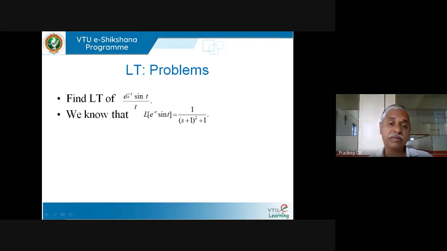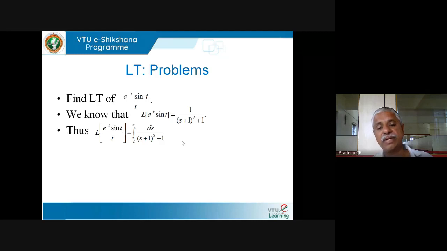Now Laplace of e power minus t sin t by t means you integrate this with respect to s from s to infinity. That's the property of Laplace transform we are trying to use. So Laplace of e power minus t sin t by t is the integral of ds by (s plus 1) whole square plus 1, from s to infinity. How do I integrate this?